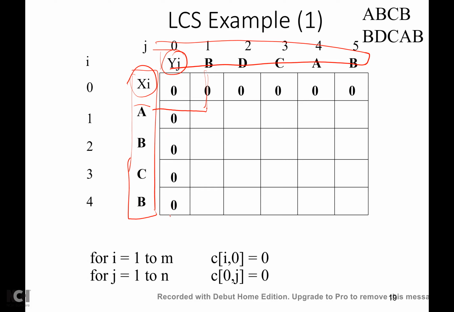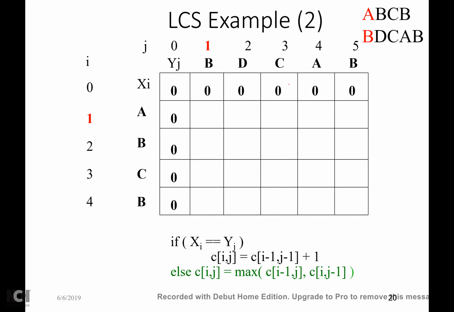In that case, of course, no results. Then after that, we pick up the first element from each side. We check for A in the X sequence, and we compare this A with this B. If it's the same, then we count plus 1 based on the previous results, right?